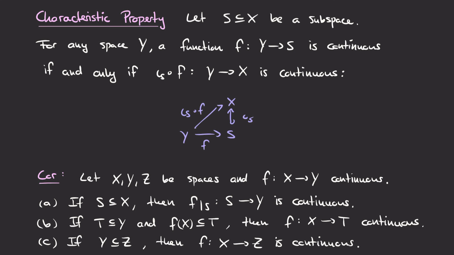Finally, part C of the corollary says that if we have Y being a subset of Z, then the map which we get by viewing f as a function from X to Z is also going to be continuous.